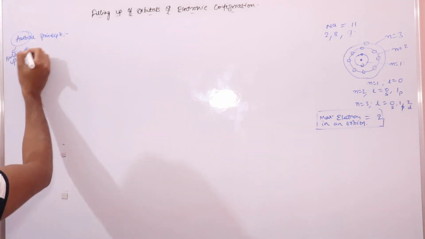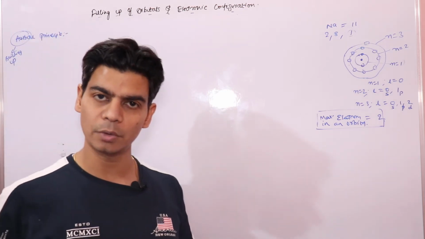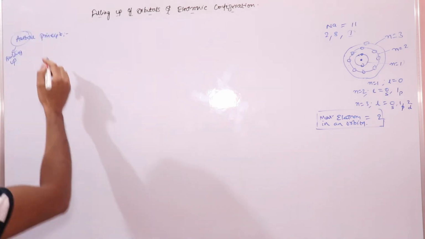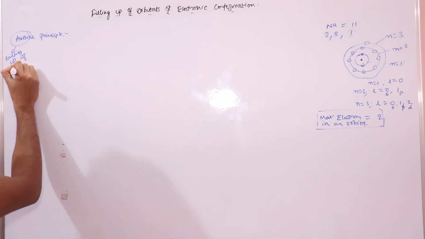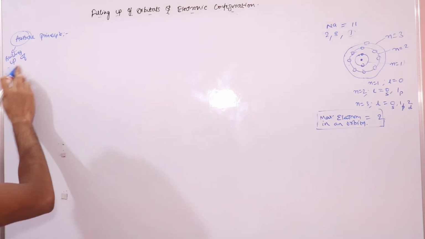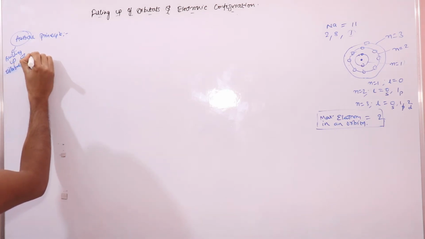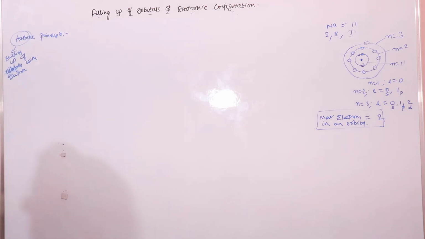So building up of orbitals with electrons is your Aufbau principle. This is what it means.